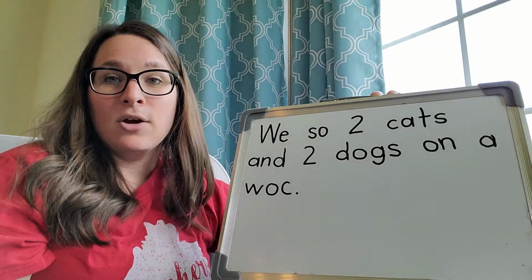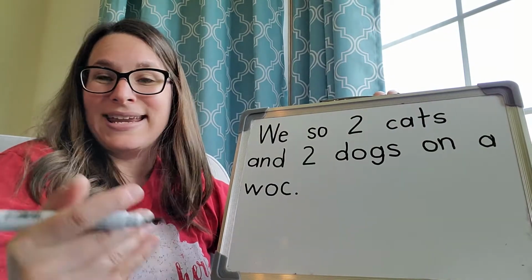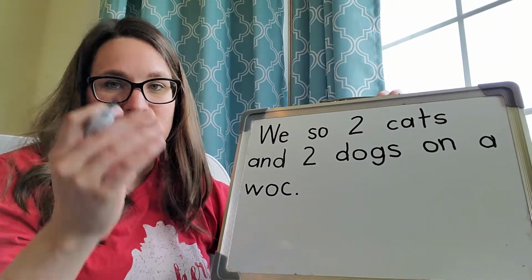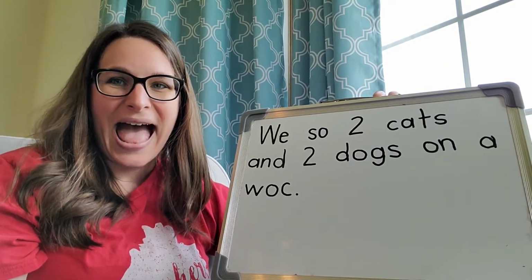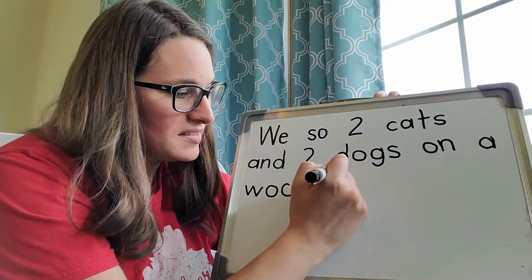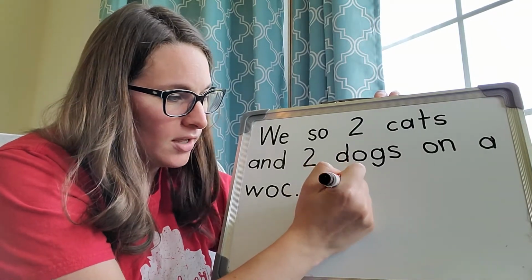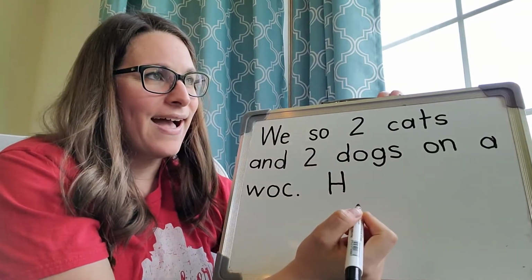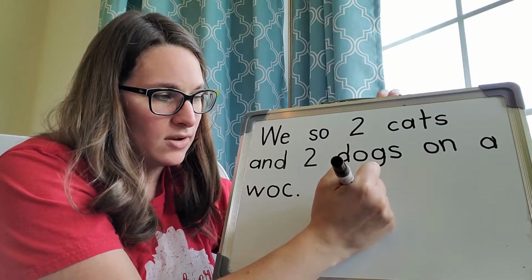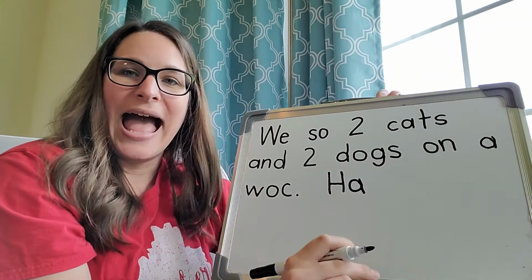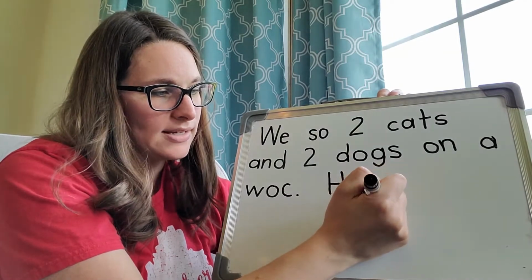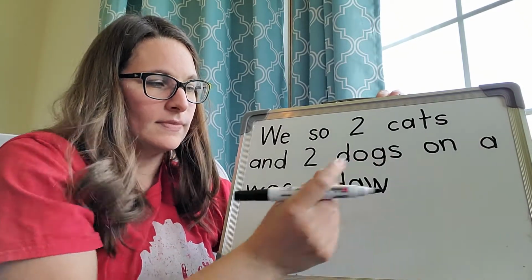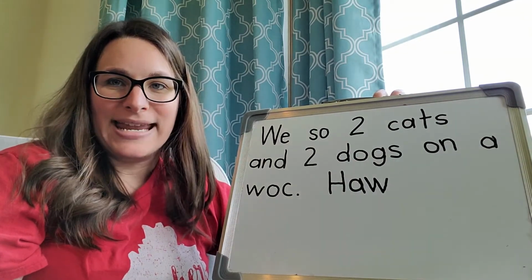Now my question is, how many animals did we see? So I'm going to start by writing how. I'm going to start with an uppercase H. I hear an ah sound, so I'm going to make an A. How, and then I hear the w sound, so I'm going to write down a W. How many.